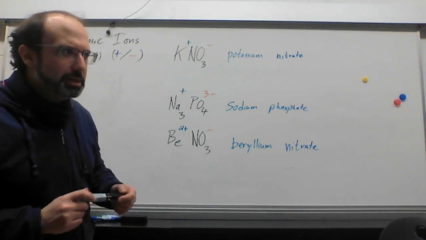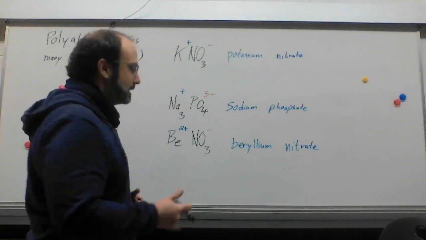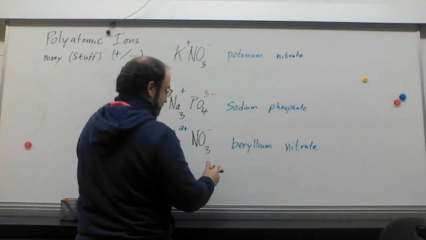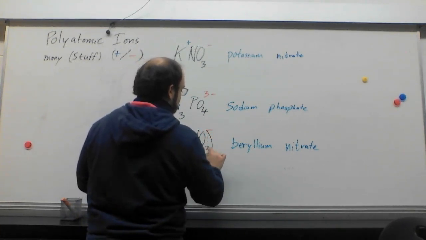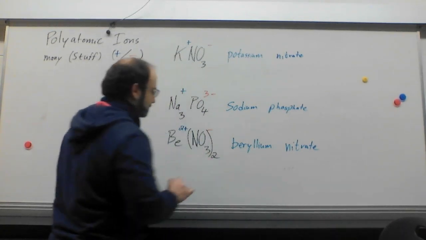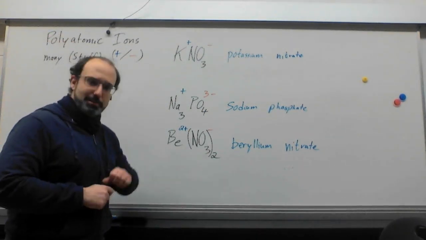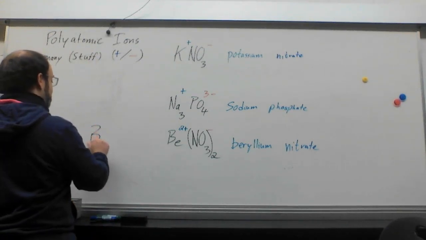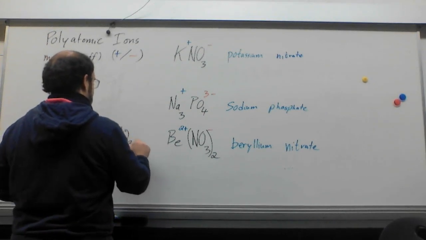And here's where something we learned when we were talking about writing formulas comes back. I need two NO3s. So I'm going to put brackets and put a 2 down here, because there are two of everything in the bracket. I have to do it this way. I can't do this, right? A lot of people want to do this because they're like, well, whatever, I'll just do this.